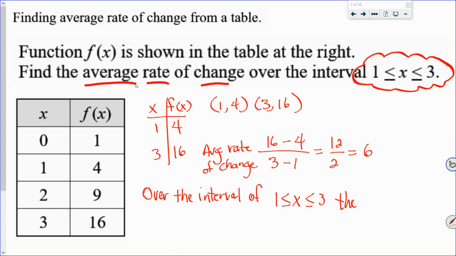The average rate of change is 6. So if you're asked to find the average rate of change, all you're doing is finding the rate of change between a couple of points on a nonlinear graph or a nonlinear function.